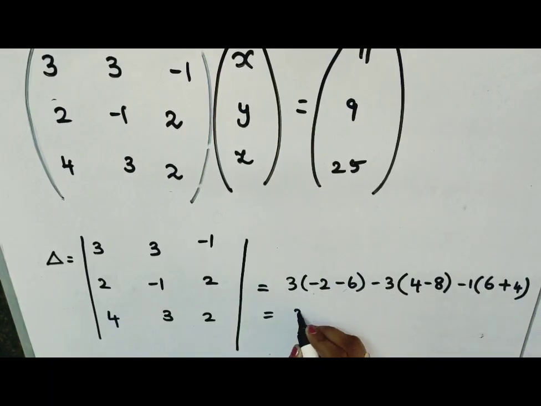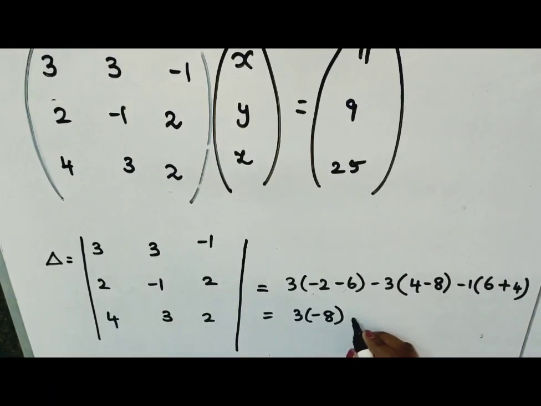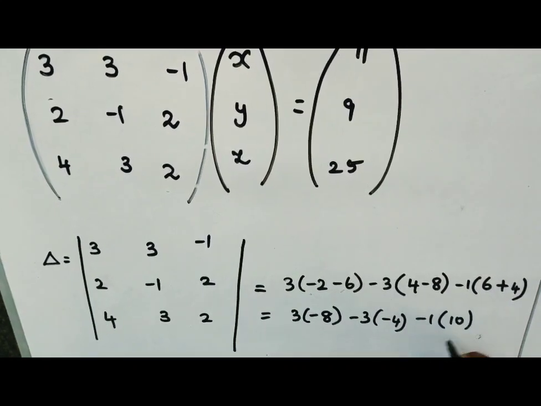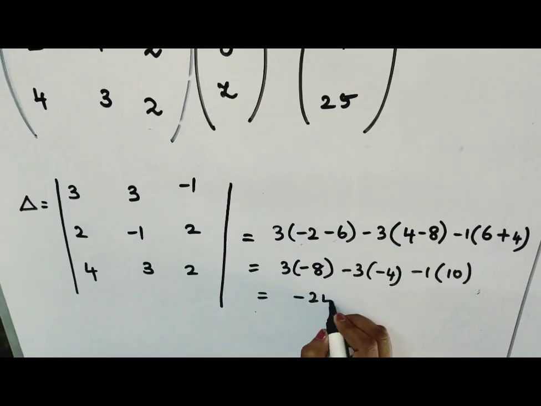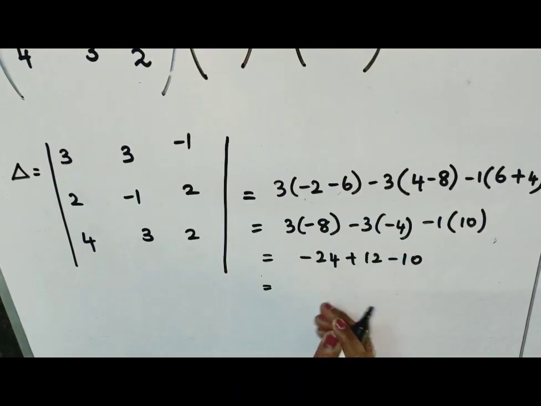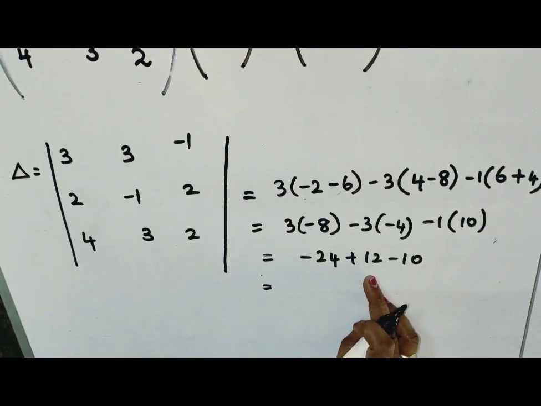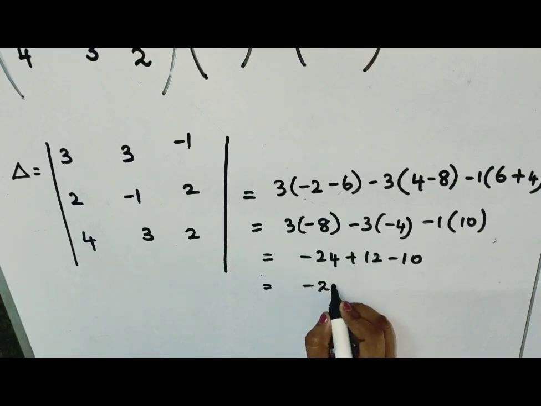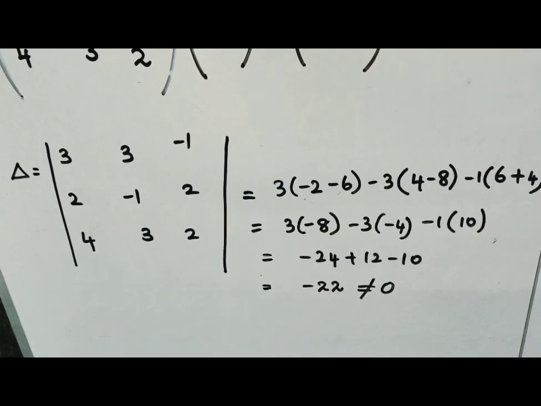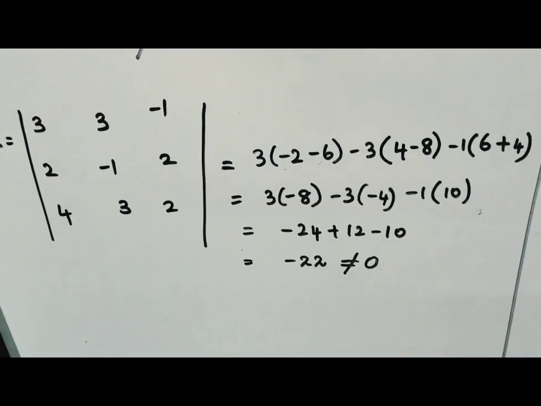If I simplify this, 3 into minus 8, minus 3 into minus 4, minus 1 into 10. On further simplification, minus 24 plus 12 minus 10. So minus 34 plus 12 is minus 22. Obviously, the value of delta should always not equal 0. Only then can we find the values of x, y and z.